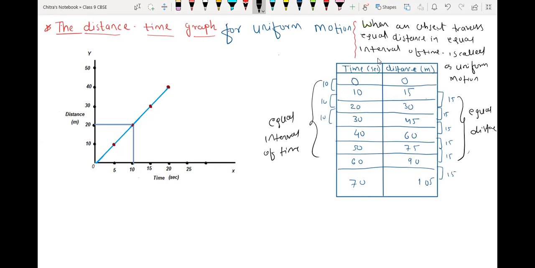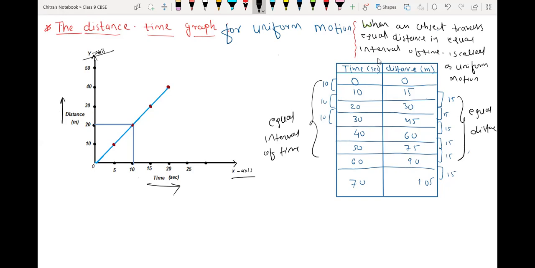Here this is the y-axis, and here we have the x-axis. On the x-axis we have taken time, and on the y-axis we have taken distance.